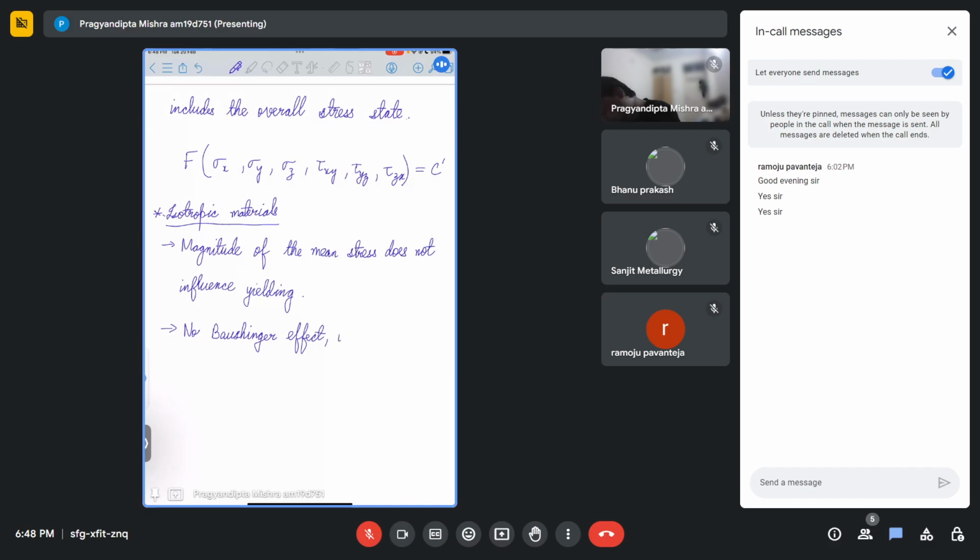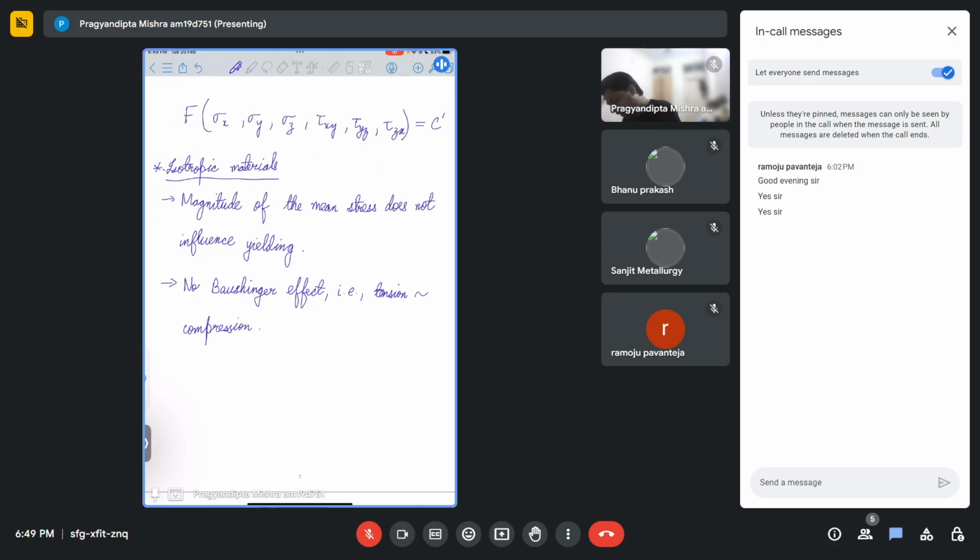What that means is your tension is equivalent to compression, right? Essentially, whatever route you are taking in tension, same route you will take in compression. That is what you are assuming.